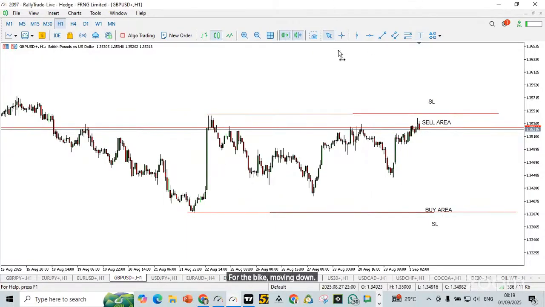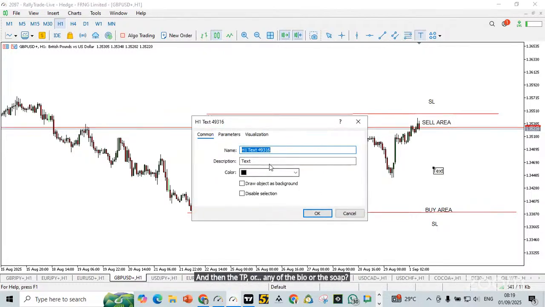And then the TP, either the buy or the sell, when it's a wide range consolidation, to a large extent, 50% of the consolidation is the most likely place for you to put your TP in order to get a high win rate trade. Right?